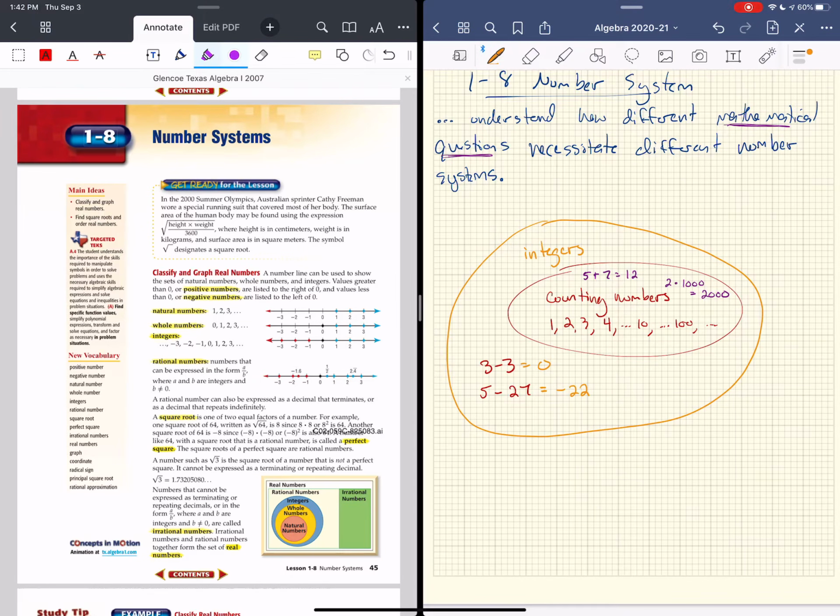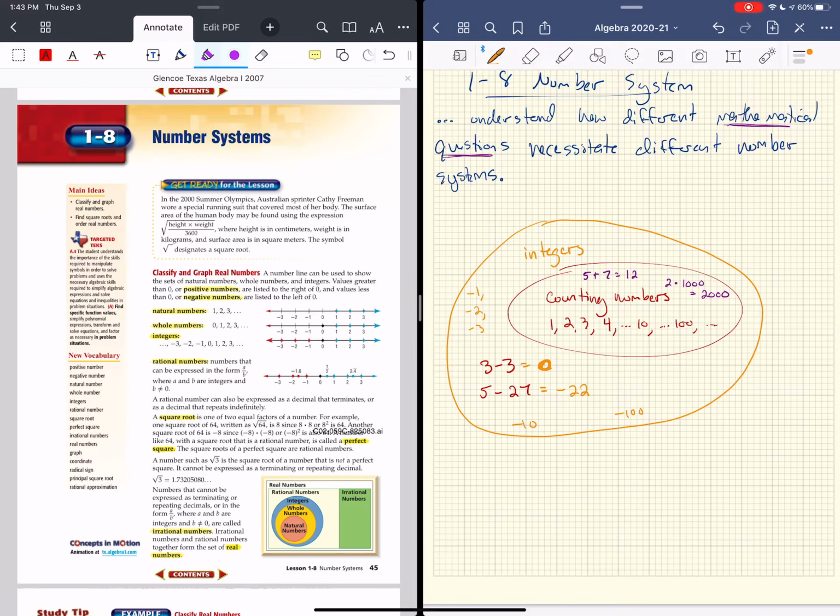Because the integers are all the natural numbers, 0, and their opposites. So of course, this still includes things like 1, 2, 3, 4, on and on forever toward infinity. But it also includes negative 1, negative 2, negative 3, negative 10, negative 100, and so on. And of course, as I said, it also already includes 0.